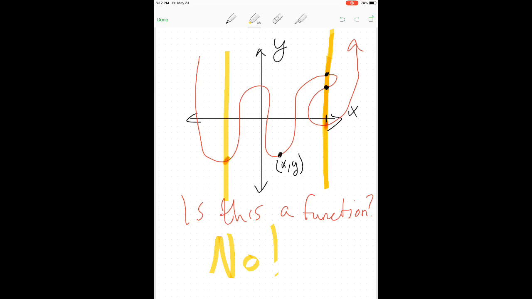So that means for one x value that I'm plugging in, I'm getting out 3 different y values. Clearly not a function, okay? And this is using, well, what did I draw here? I drew a vertical line. So this is using the vertical line test. I use the vertical line test to check and see if something is a function or not.